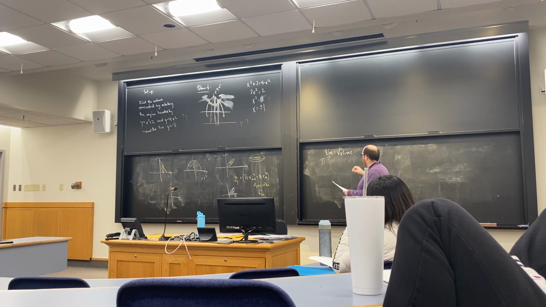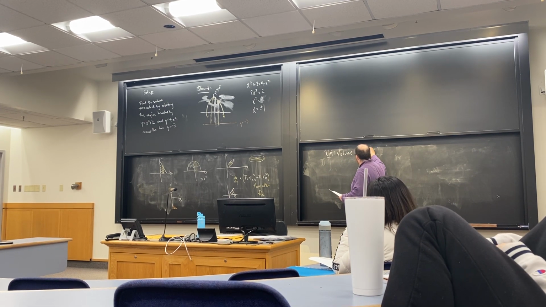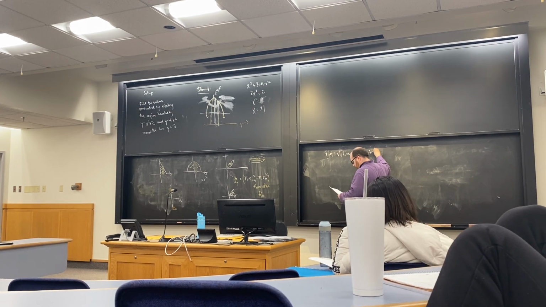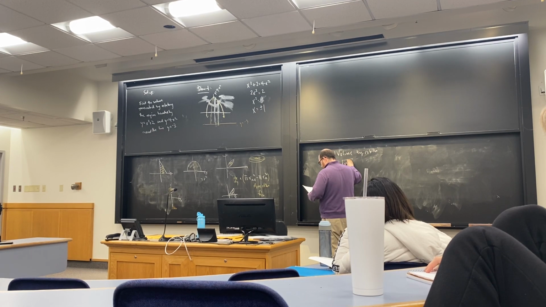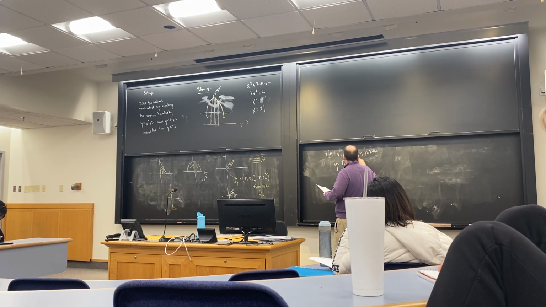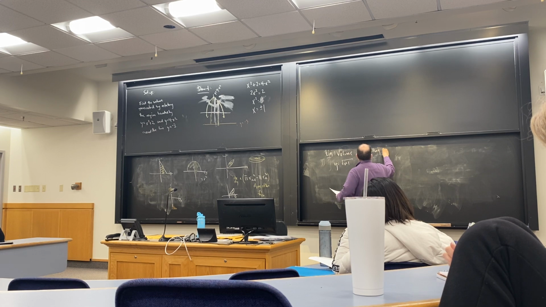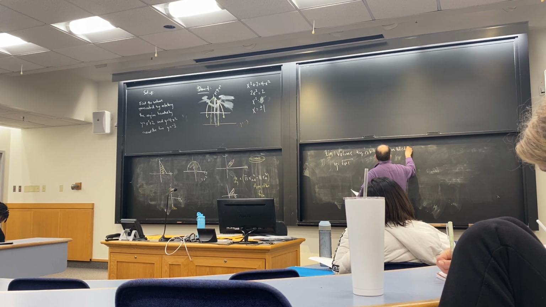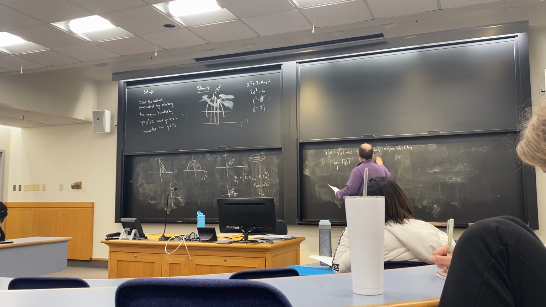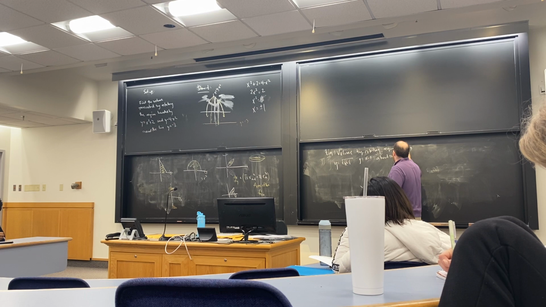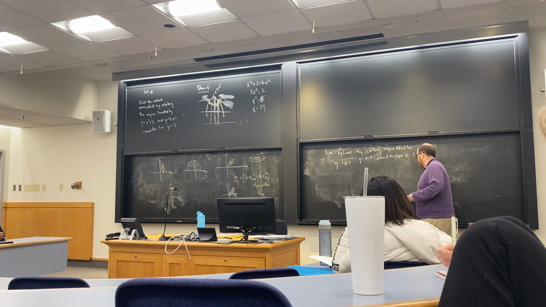So, find the volume by rotating the region bounded by y equals square root of x minus 1 and y equals x minus 1 about the line x equals negative 1.